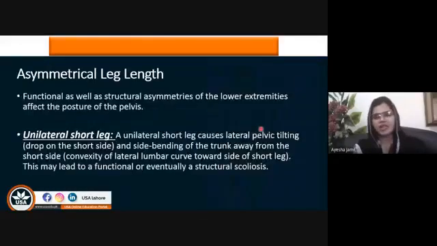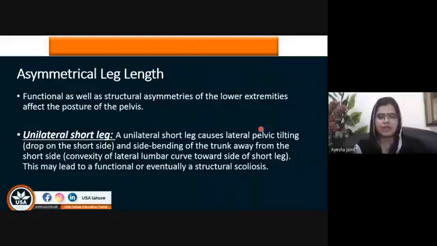So these are examples of decreased extensibility which impair the proper mechanics of the hip area and contribute to abnormal weight bearing and abnormal shifting of the body weight, and may cause pain and restricted motions. Now comes the second more obvious cause seen in individuals, which is known as asymmetrical leg length.